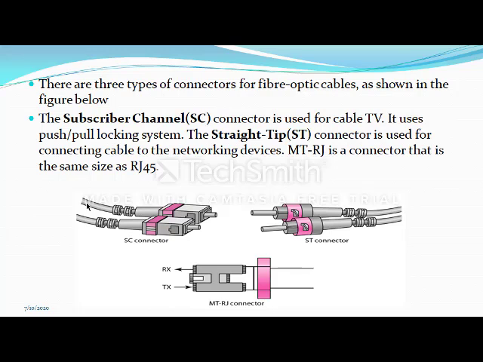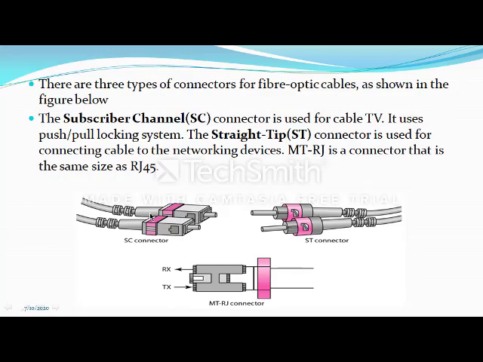There are three types of connectors: the subscriber channel SC connector, ST connector, and MT-RJ connector. SC connector means subscriber channel connector. These are the different devices which will be used to connect to network devices.